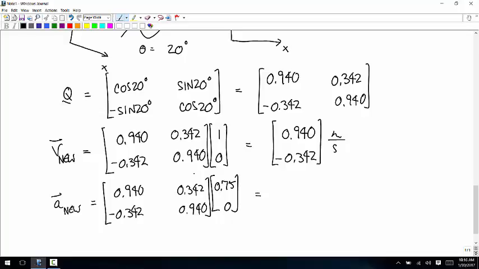I don't know what that is. Can someone calculate that? Okay. Squared. So that's the easiest way to do it.